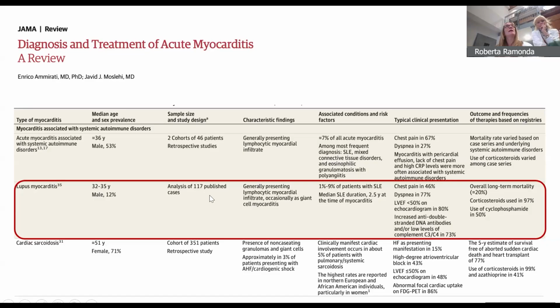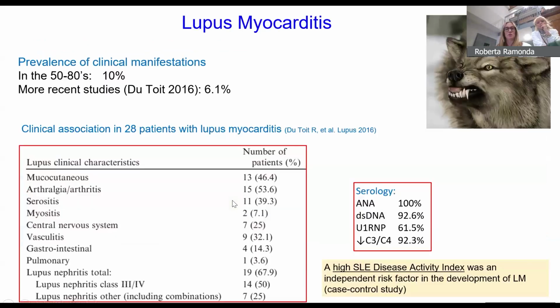They are usually young males, because keep in mind that although in connective tissue diseases the male sex is less frequent, normally male patients have a more severe disease phenotype. This is typical among patients with connective tissue disorders.